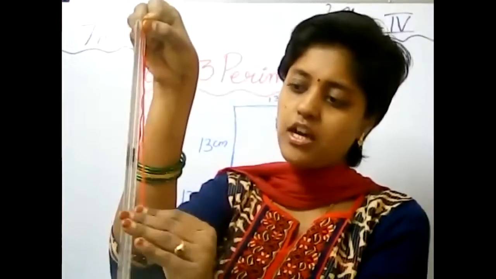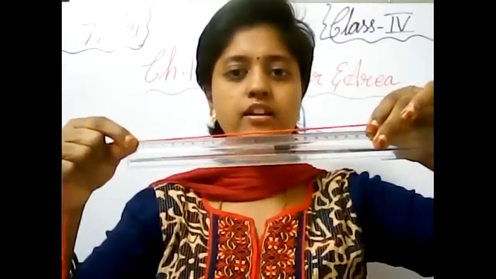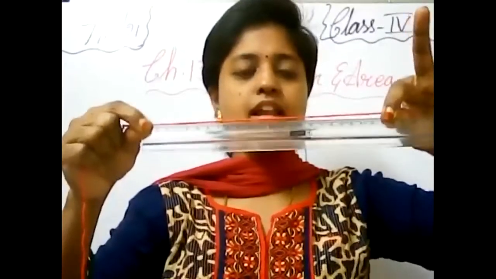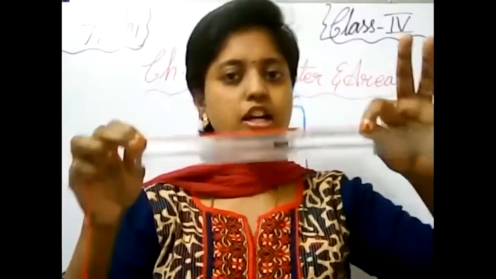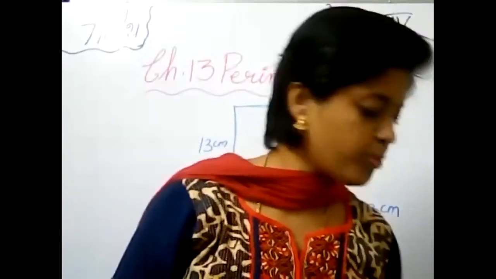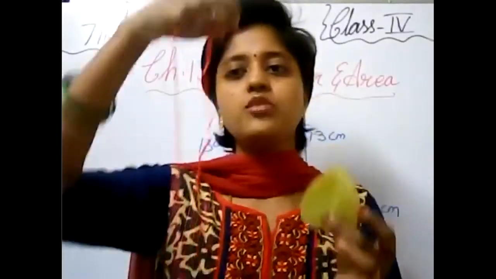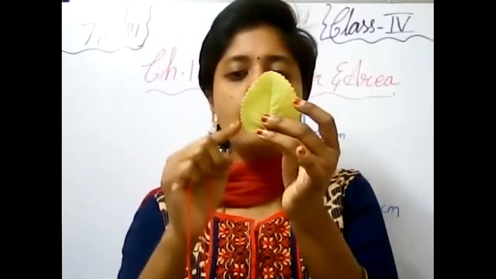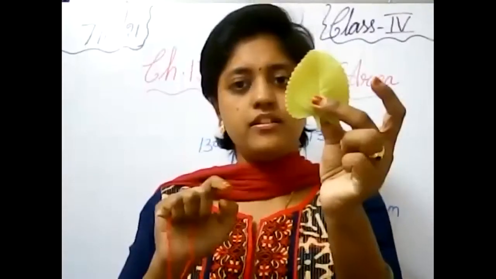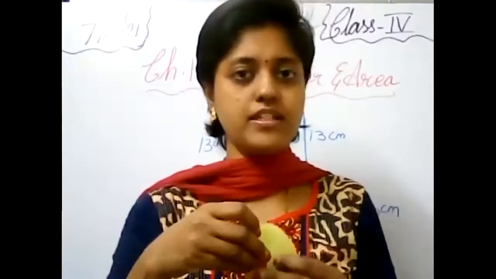How much did you get now? 23 centimeters. The total length of the boundary of a leaf is 23 centimeters. Did you get it?